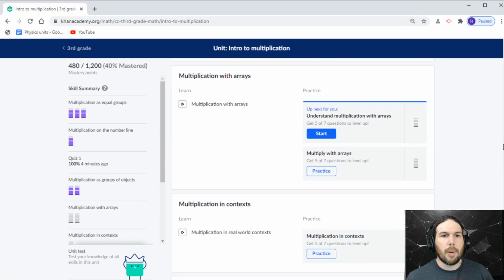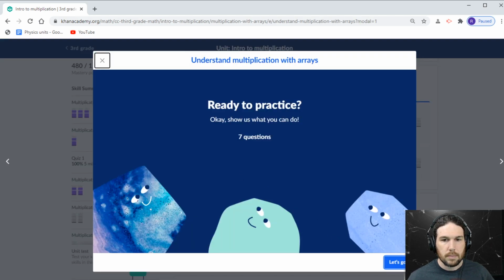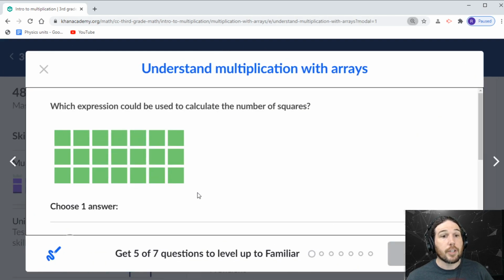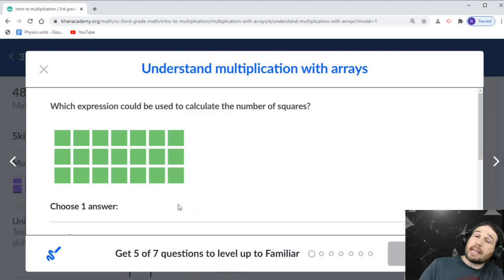So now we're going to talk about multiplication with arrays, and this is going to be the same thing, except we are specifically going to put them in a rectangular pattern so that we can further reinforce the relationship between the area of a rectangle and multiplication. Because look at that. That's literally a rectangle.